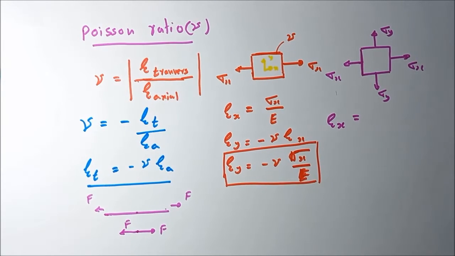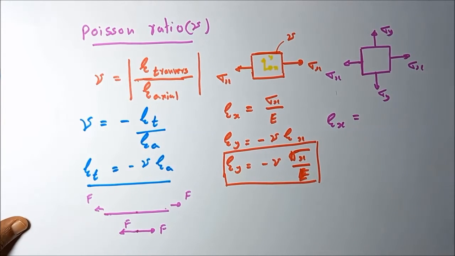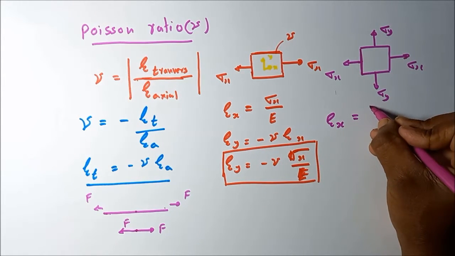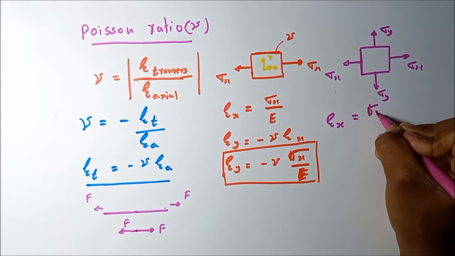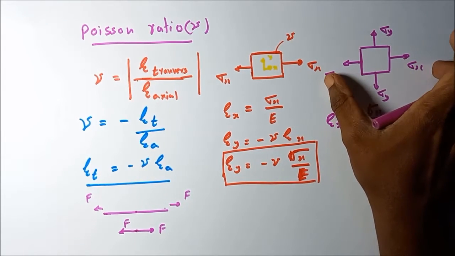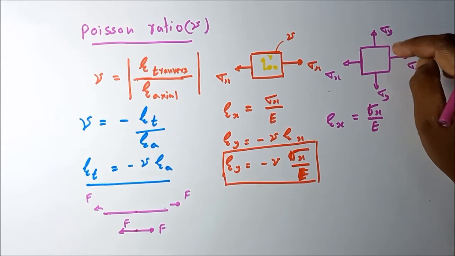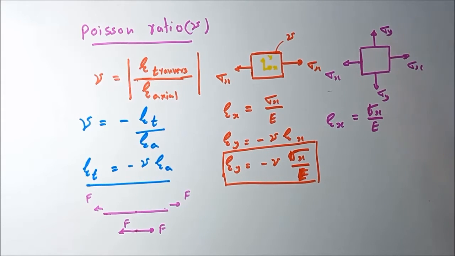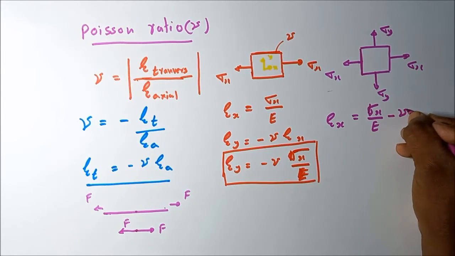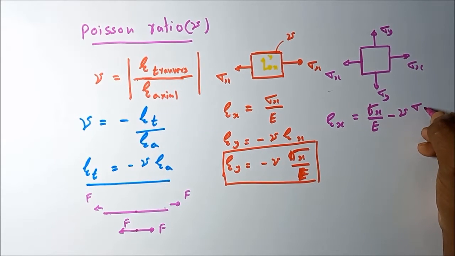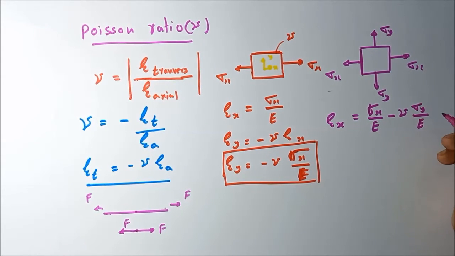Due to sigma x, the strain is sigma x divided by E. In the x direction, sigma x causes a stretch, but sigma y causes a contraction in the x direction. That contraction is equal to minus nu sigma y divided by E.